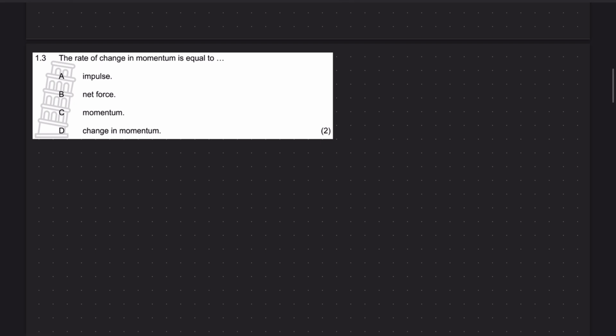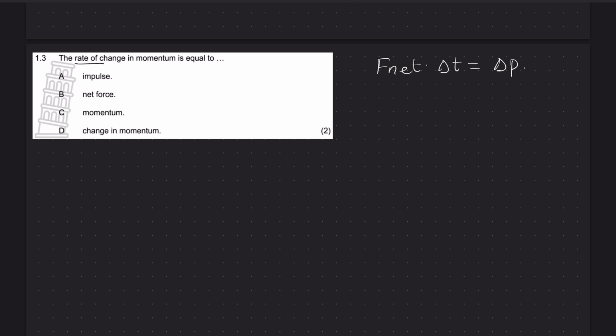Question 1.3. The rate of change in momentum is equal to. So it's important here that we remember, the question is asking for the rate of change in momentum. So we know that F net times delta t equals delta p, which is the change in momentum.